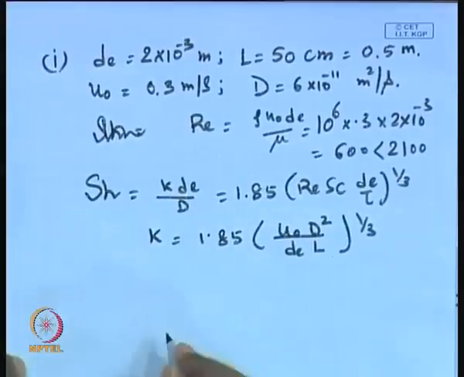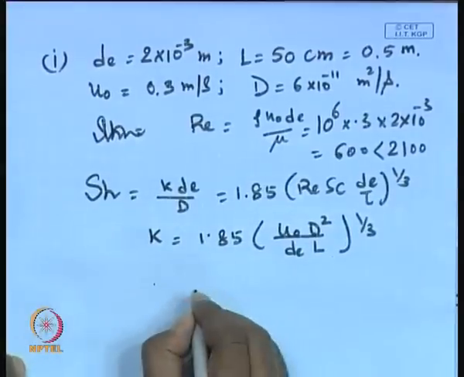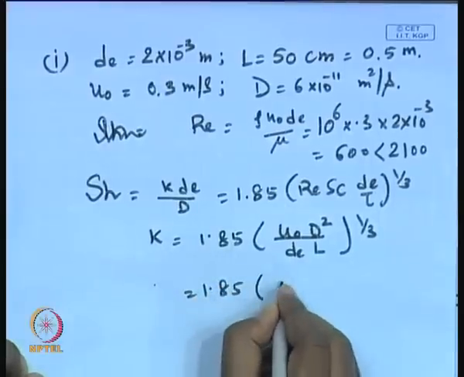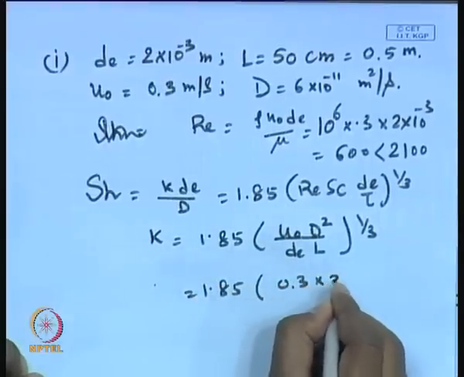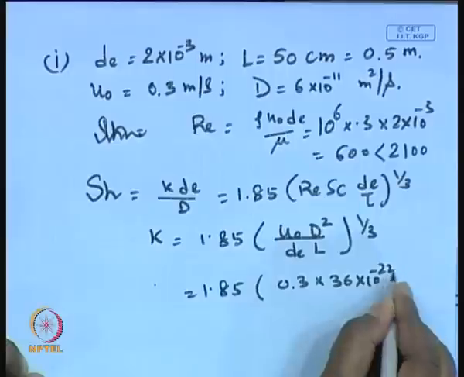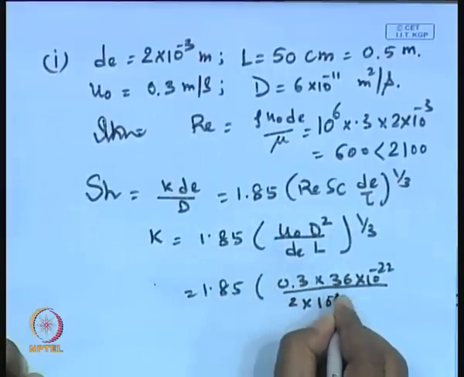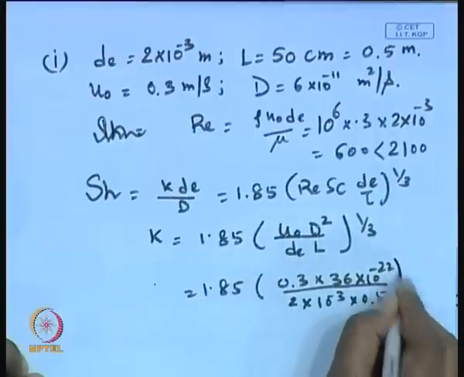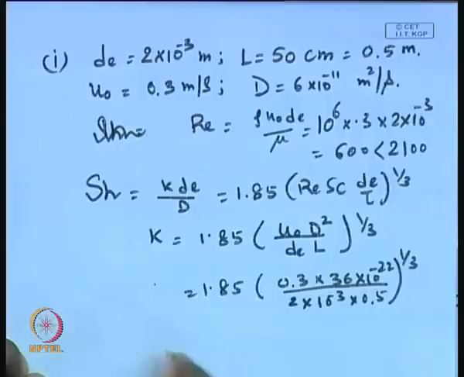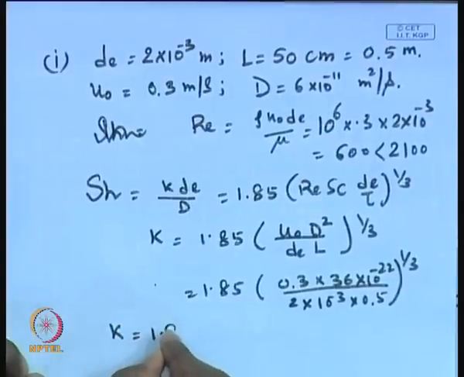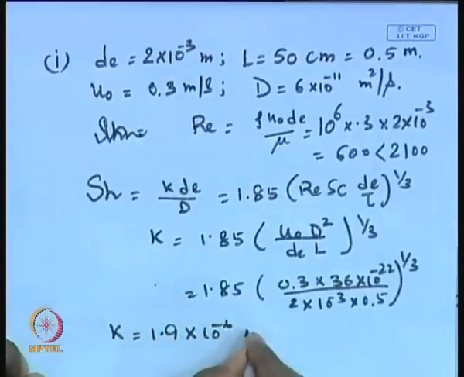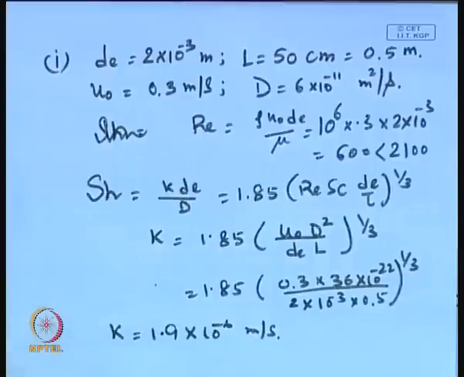Now, if you put in the various values, K becomes 1.85 into 0.3 into 36 into 10 to the minus 22, divided by 2 into 10 to the power minus 3 into 0.5, raised to the power 1/3, and the mass transfer coefficient turns out to be 1.9 into 10 to the power minus 6 meter per second. So, we have calculated the mass transfer coefficient. Now, we will be in a position to calculate the various quantities, the permeate flux, and so on and so forth.